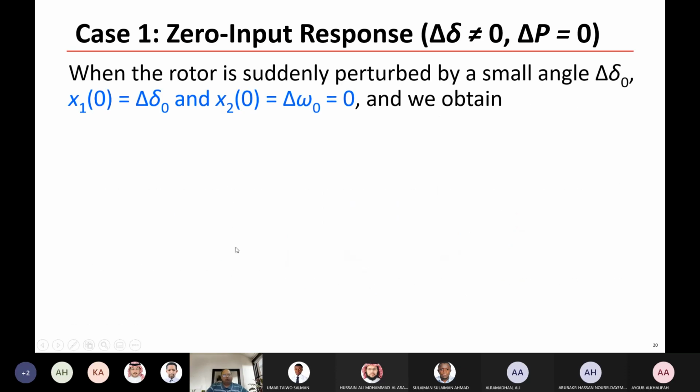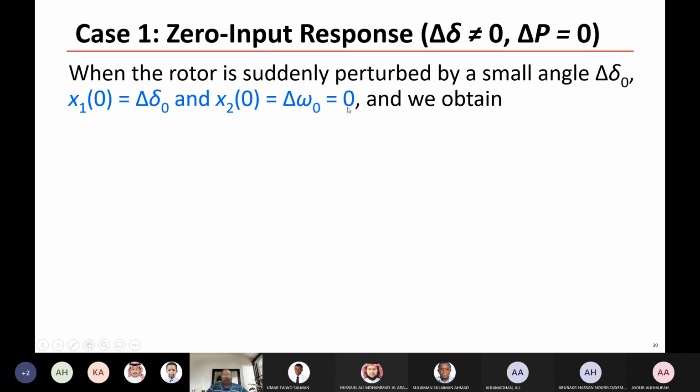When the rotor is suddenly perturbed by a small angle delta zero, if we have any change in delta zero, what is the initial value of delta omega zero? The initial value of delta omega zero here is 0. Why 0?